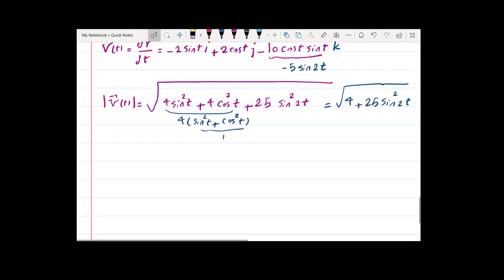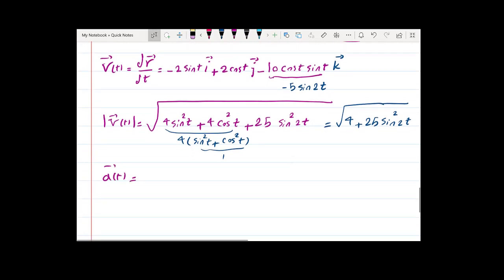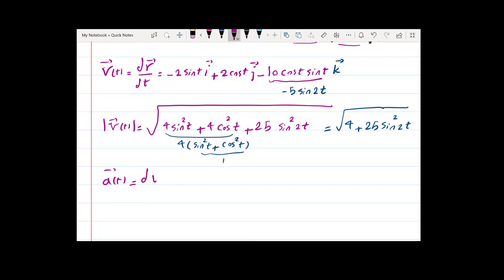And the last one, the acceleration vector, is the derivative of v with respect to t. The derivative of negative 2 sine of t is negative 2 cosine of t i.